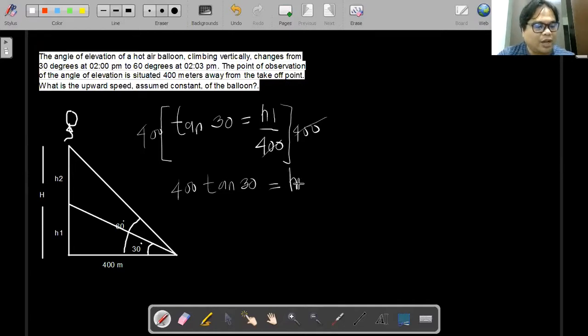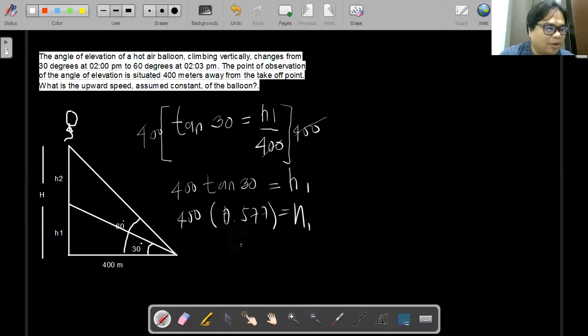Now, let's try to get the value of tangent 30. Tangent of 30 is 0.577. So that's 400 times 0.577 equals h1.